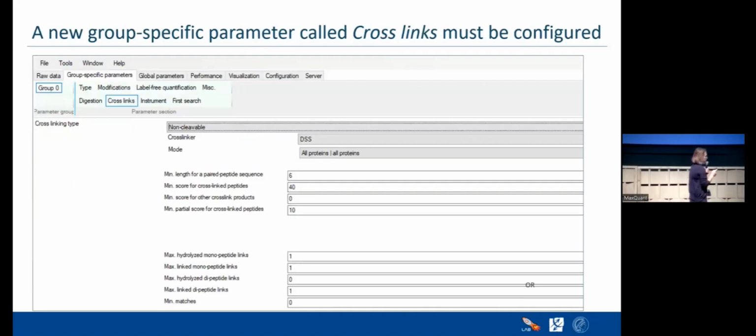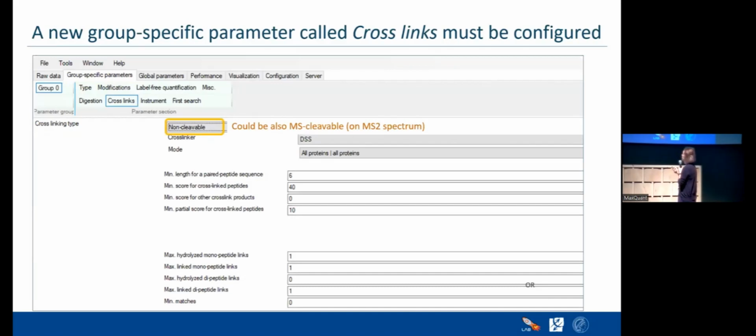Okay, now let's talk about how you can configure and run crosslinking in MaxQuant. There is a new group-specific parameter called crosslinks. In the beginning, we need to tell the mode: what kind of crosslinking is it, non-cleavable or MS cleavable?